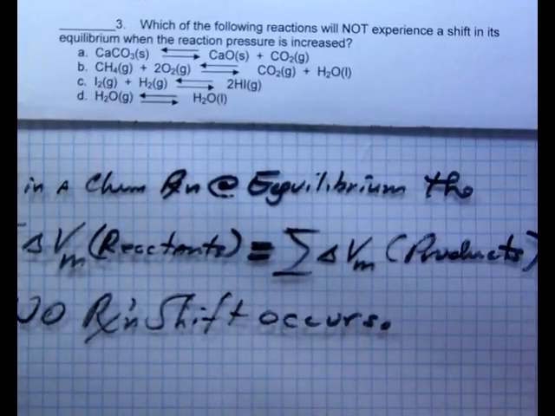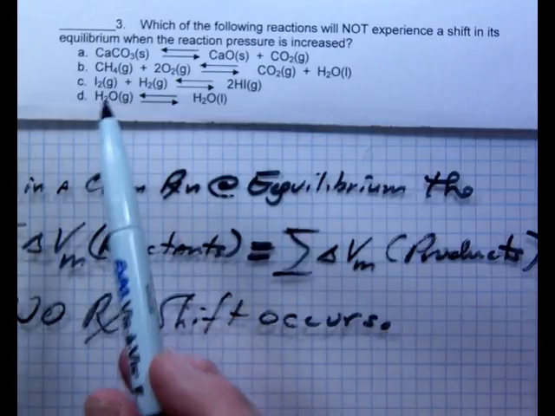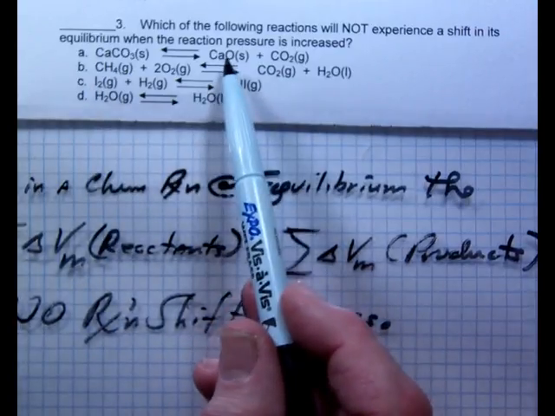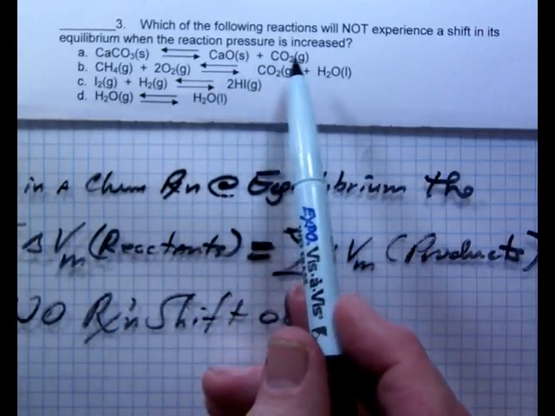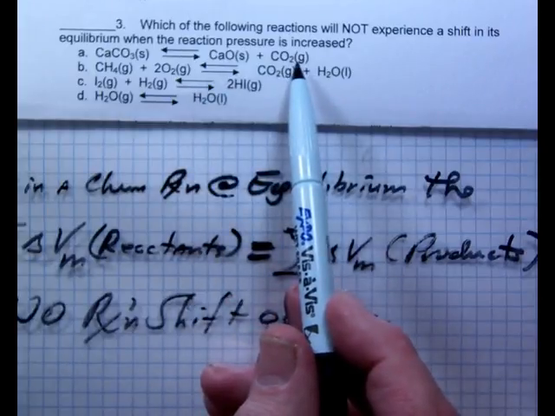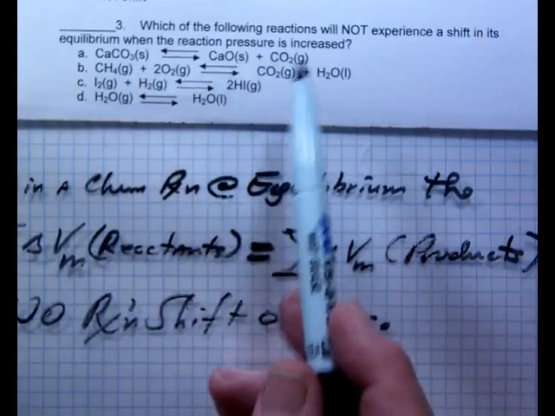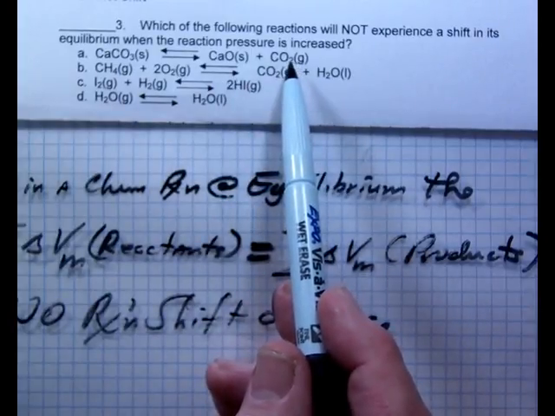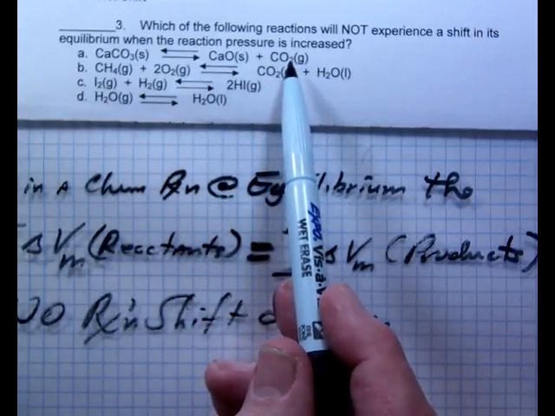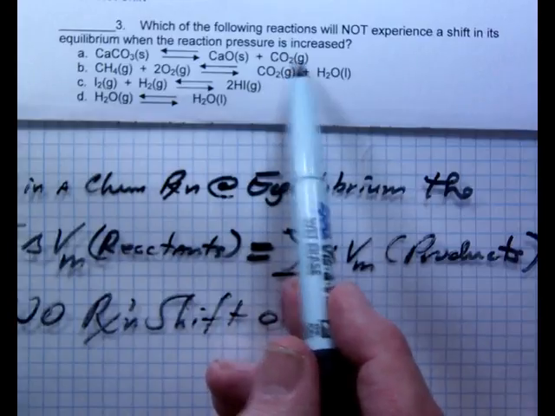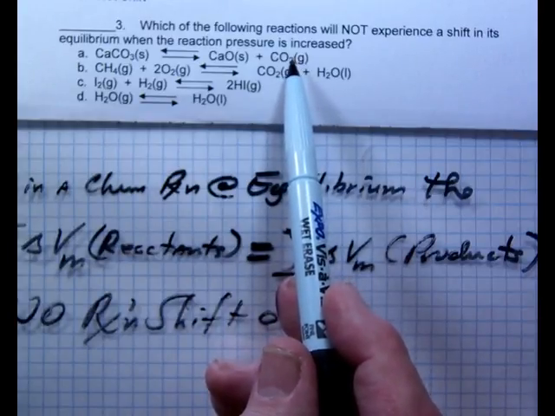So looking at this collection, we see in the first case calcium carbonate, calcium oxide, and CO2. Well, the molar volumes in this case are just one molar volume on the product side. So increasing and changing pressures and volume will affect that reaction.